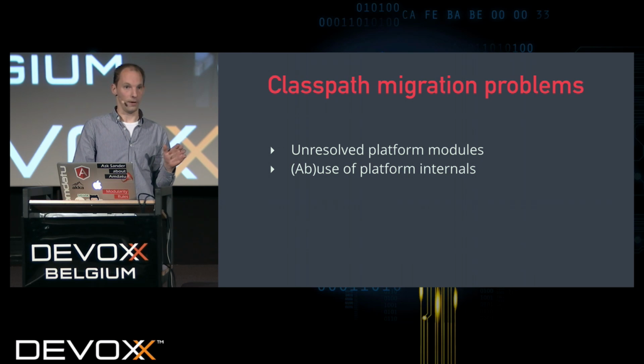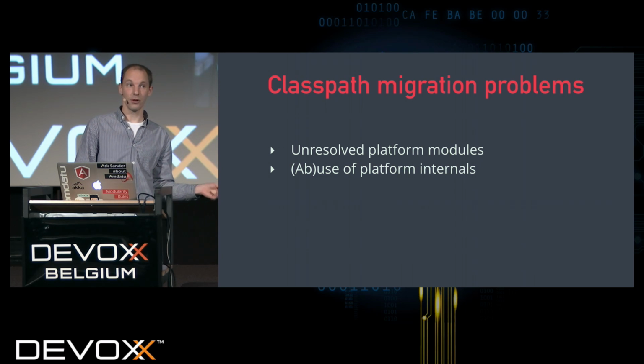One has to do with the fact that not all platform modules that are in the JDK are available from the viewpoint of your application class path code at compile time. So these are the unresolved platform modules that we'll talk about. And this is the root cause of the error that we just saw.